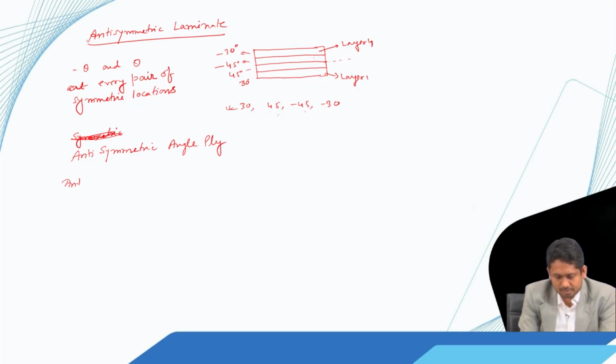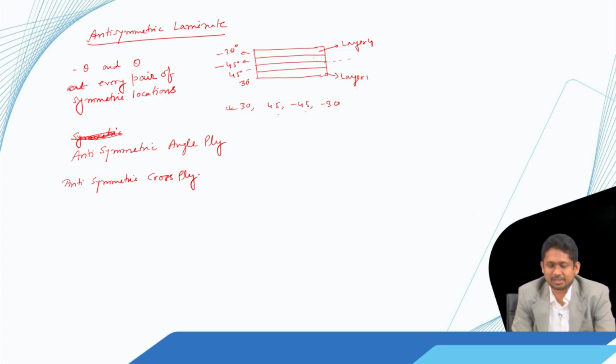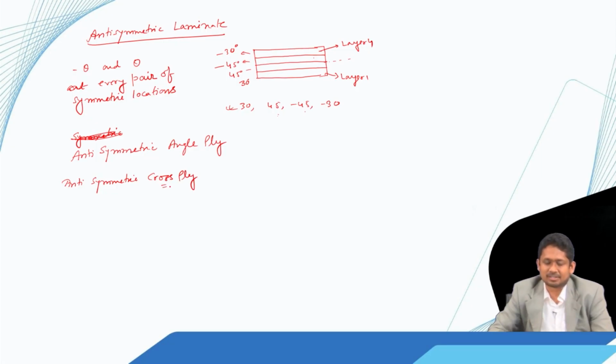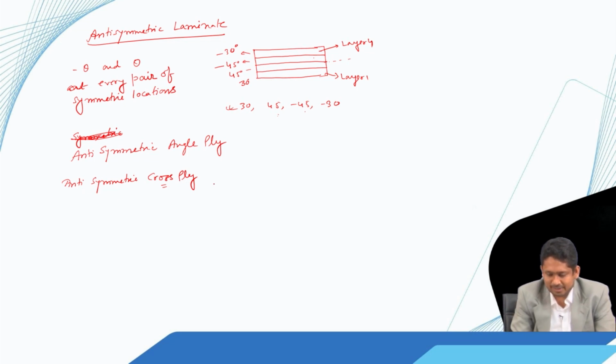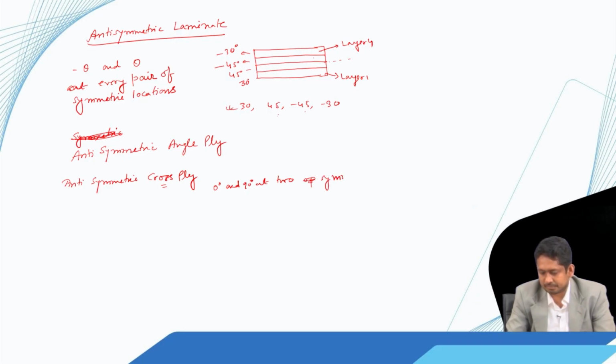Now, there is something called antisymmetric cross ply also. In an antisymmetric cross ply laminate, 0 and 90 are considered to be opposite. So, we should have 0 and 90 degree at two symmetric locations or symmetric layers.